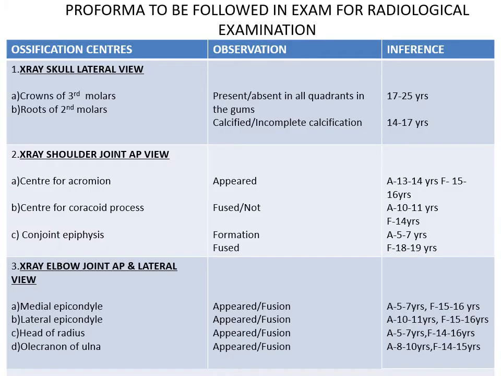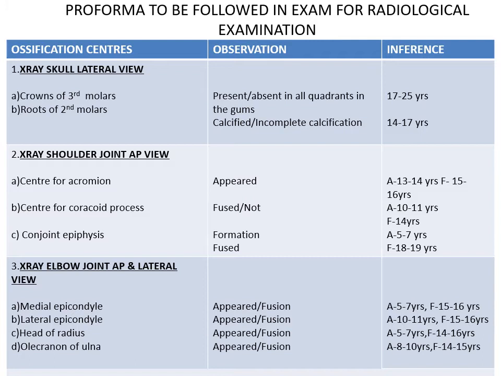So this is the proforma which you have to write during the exam. Usually we take X-rays of lateral view of skull, and X-ray of right shoulder joint AP view. We take X-ray of elbow joint, wrist joint, all AP views, and X-rays of pelvis AP view.